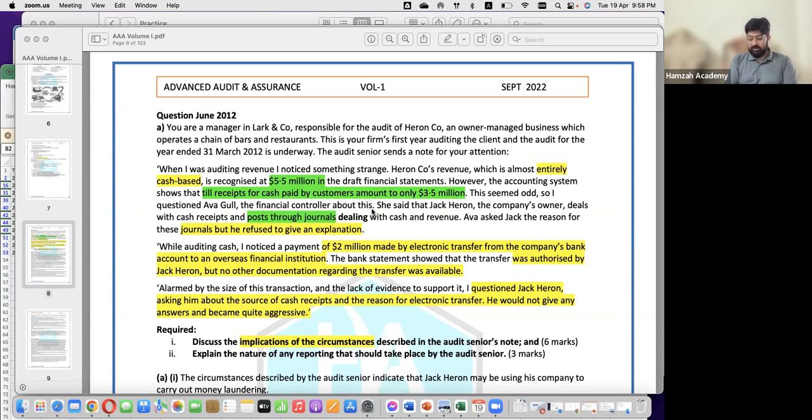It is called the layering stage of money laundering.